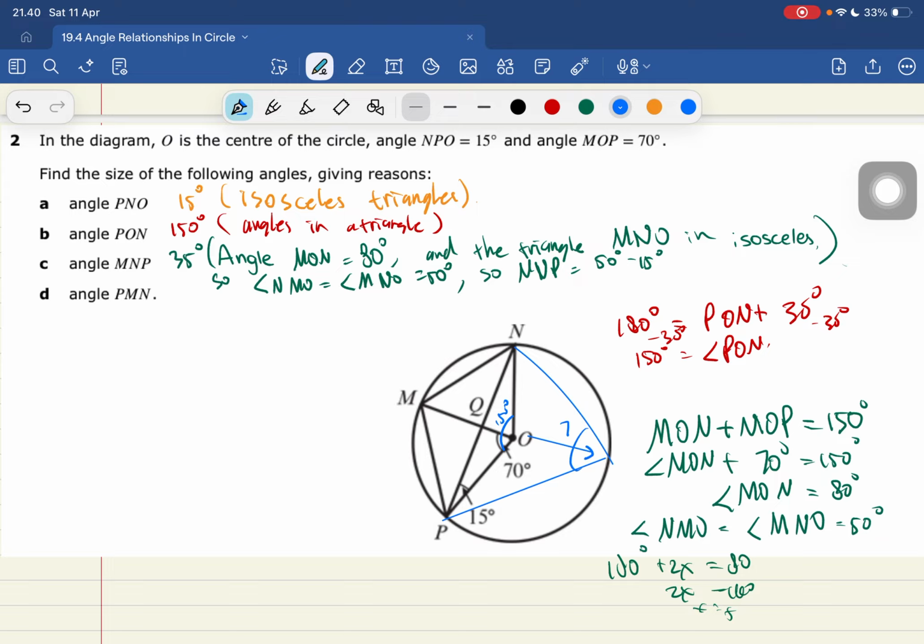So we have another 75. And PMN plus 75 degrees, because they are opposite, is going to be 180 degrees. So the angle PMN equals 180 minus 75, which is 105 degrees. The reason I just wrote before.